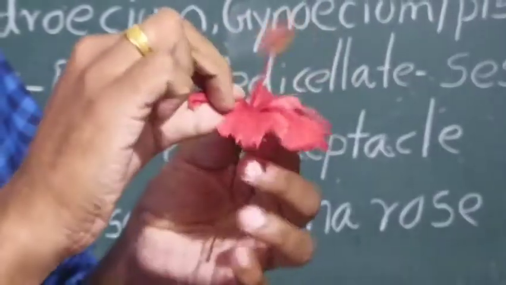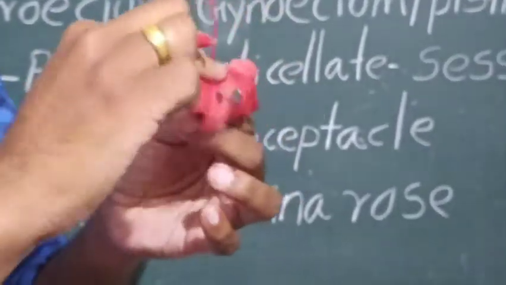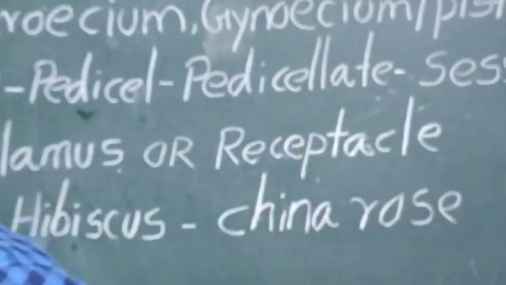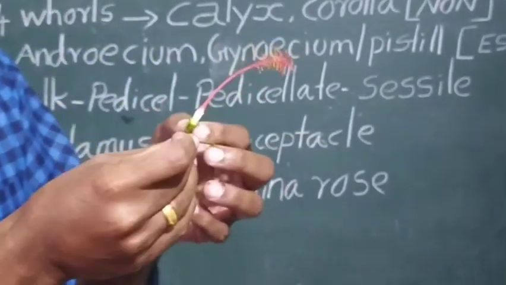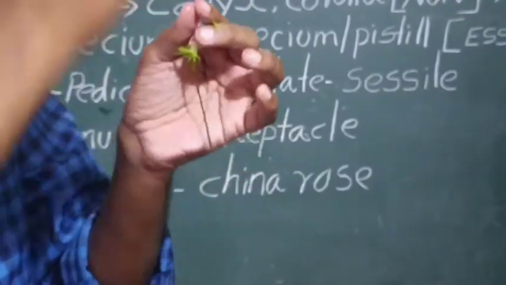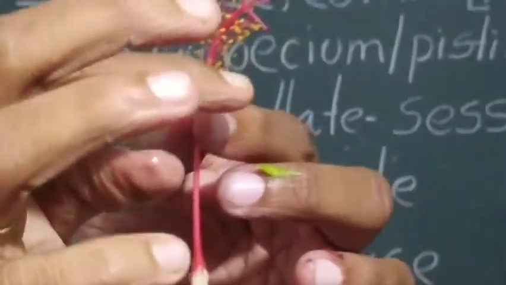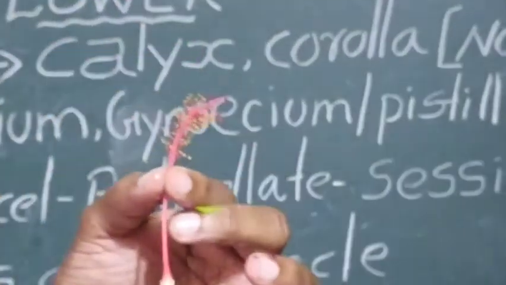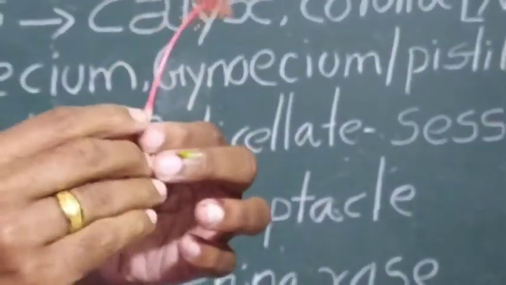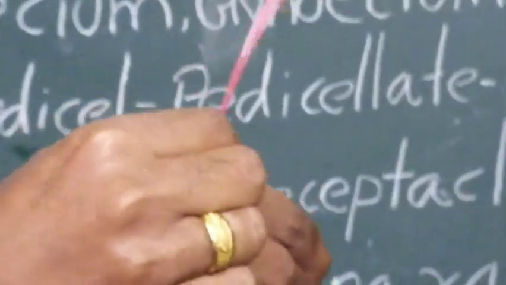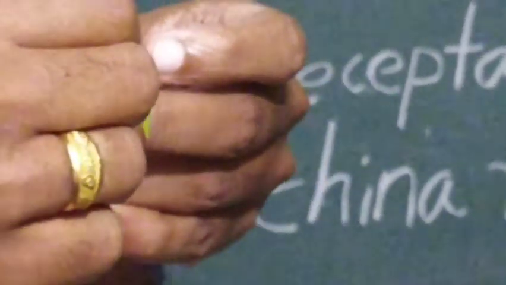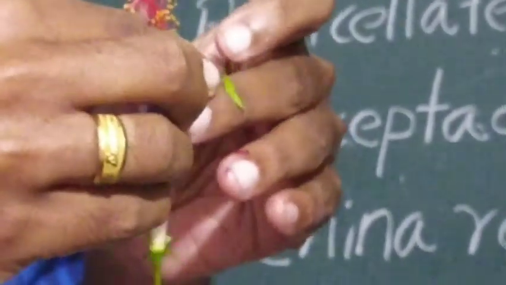So this one is the corolla. And here, this yellow colored part is known as the androecium. In the innermost layer we can see the gynoecium or the pistil. So I'm going to tear it.